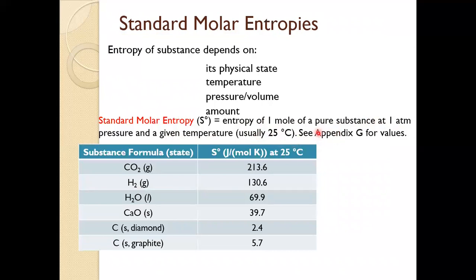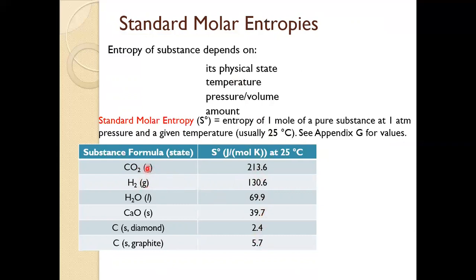So from that appendix, we can take a look at a couple examples, just to reiterate what we've already talked about in terms of factors that influence the entropy of a substance. Notice that all these are at the same temperature, so we eliminated the temperature effect. The gases, carbon dioxide and hydrogen, have much higher entropy than the liquids and certainly much higher entropy than the solids.